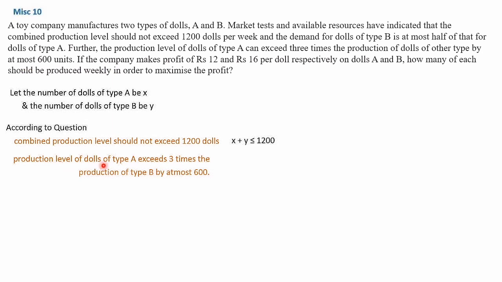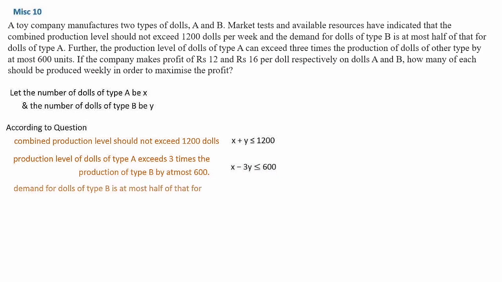Means production level of dolls of type A, that means X, 3 times the production of type B, that means 3Y, and the difference between these two, X and 3Y, should be by at most 600, in the sense X minus 3Y less than or equal to, at most means maximum 600. So X minus 3Y less than or equal to 600.